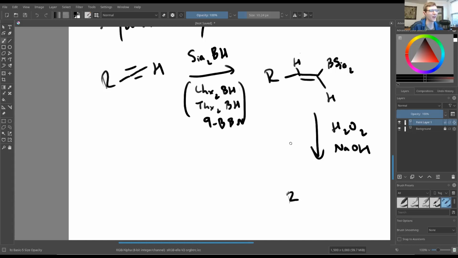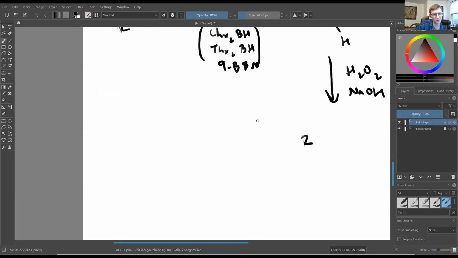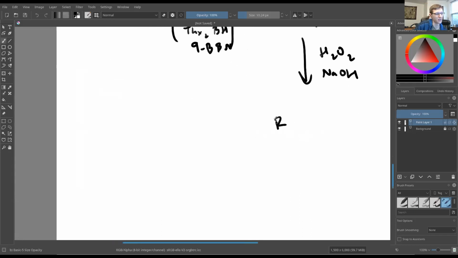Yeah, you're right. If things are pretty equally substituted, right? If we're talking primary, secondary, tertiary, if they are both, let's say, secondary, you're going to get a mixture of the two. There are a few cases where that's not the case.